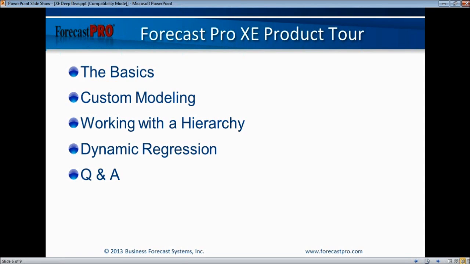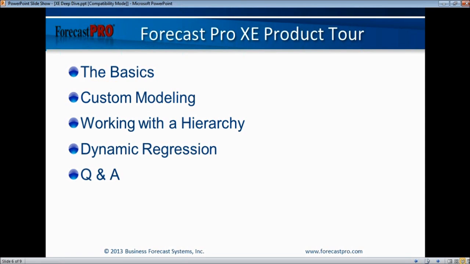Okay. That's actually a pretty good segue into our next topic because we are going to be looking at a hierarchy, and that involves different levels of aggregation for the data. So the idea here is you might have total sales. We're going to see an example where that breaks down to product categories, which break down to customers, which break down to SKUs, stock keeping units.